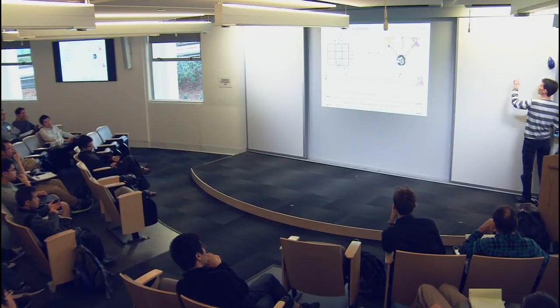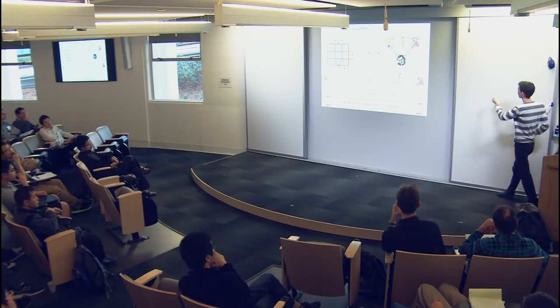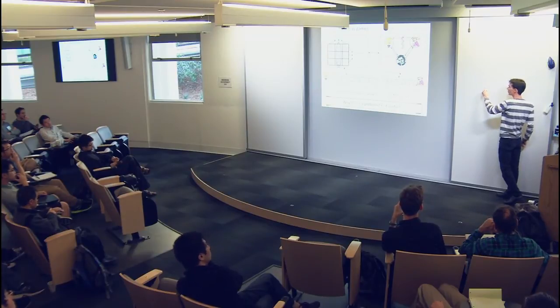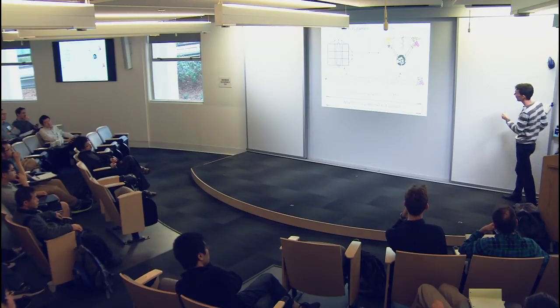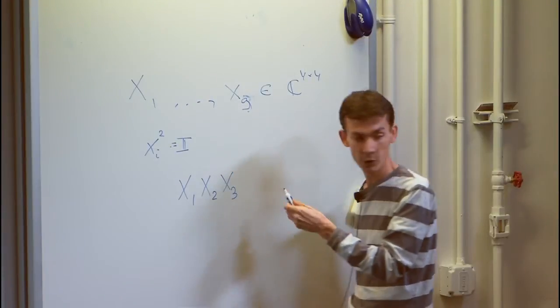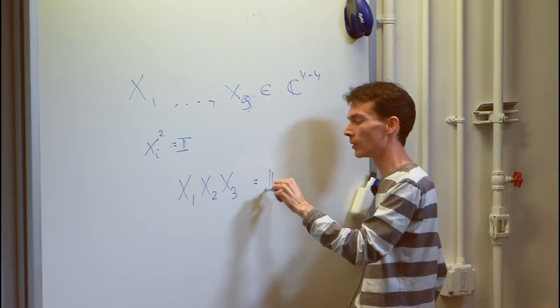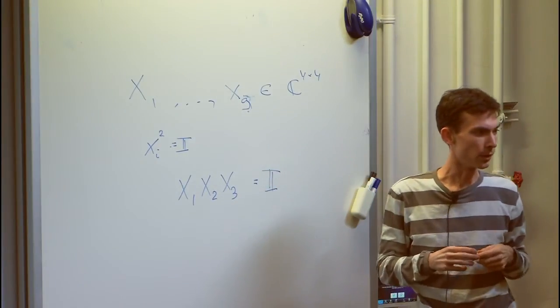You can think of them, in that particular case, as just 4 by 4 complex matrices. They're Hermitian, and they square to identity, so they have plus or minus 1 eigenvalues, so this is the correspondence. And they satisfy all equations, in the sense that, for example, x1 times x2 times x3, matrix product, is equal to the identity, etc. And then the one that needs to be minus 1 will equal minus identity. This is the kind of thing I meant.